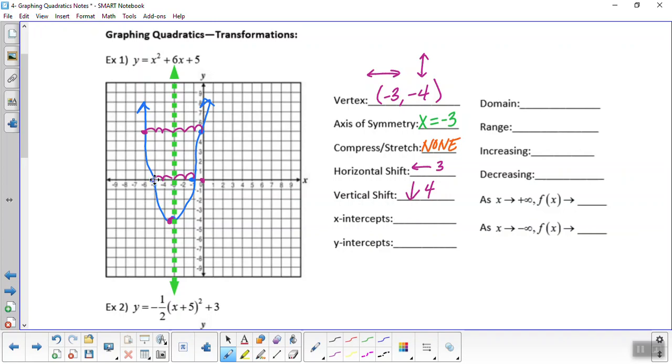Our x-intercepts are where our graph crosses the x-axis. And these are points, so it's always (x, y). So we're going to say it occurs at the point (-5, 0), and at (-1, 0).